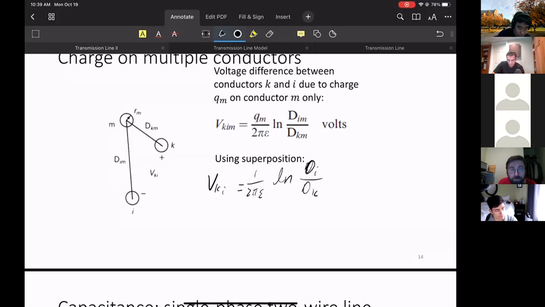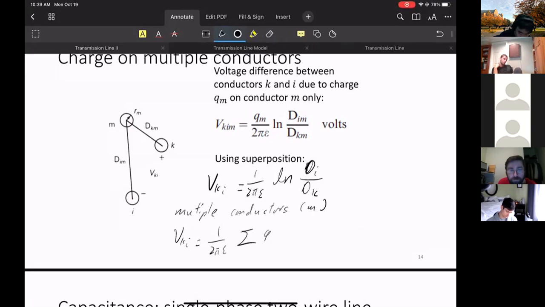So this is our voltage superposition between these two points. And we have multiple conductors, labeled by M. Then Vki is simply 1 over 2 pi epsilon times the sum over M equals 1 to capital M of Qm times the log of the distance I to M over the distance K to M, in volts.